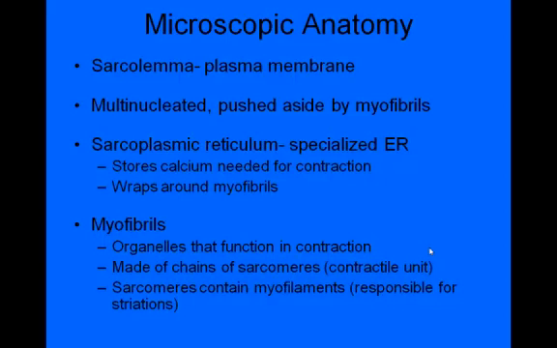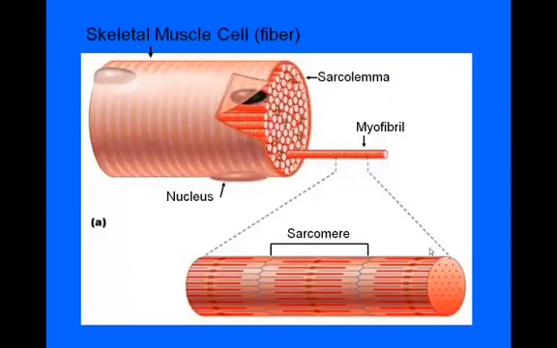They're made of chains of sarcomeres. A sarcomere is the smallest contractile unit. And when skeletal muscle contracts, it contracts sarcomere by sarcomere by sarcomere. Now, these sarcomeres contain myofilaments, which are responsible for the striations.